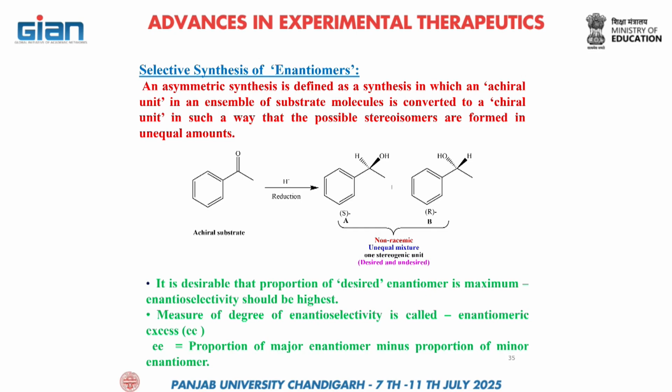If you see yesterday's lecture of Professor Narinder Singh, there are a number of molecules which have a chiral unit. If you present any molecule in your studies and say that your molecule is chiral, the first question of the reviewer is what is the enantioselectivity and what is the diastereoselectivity.